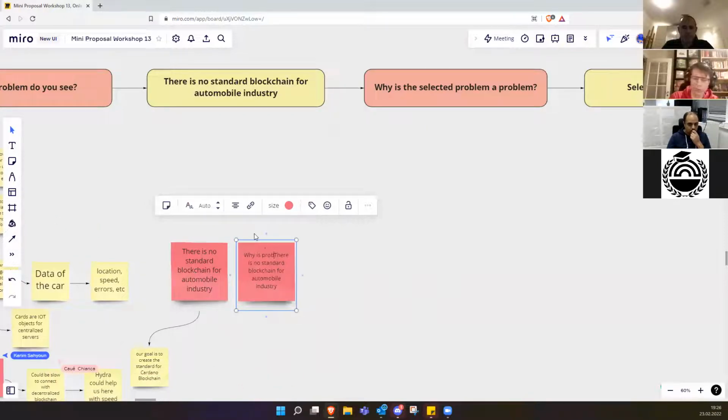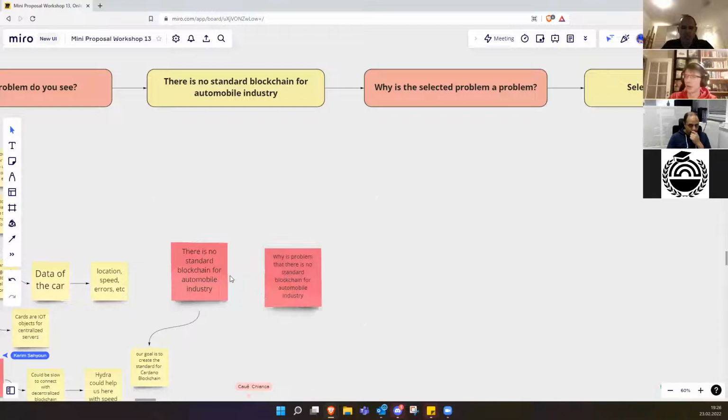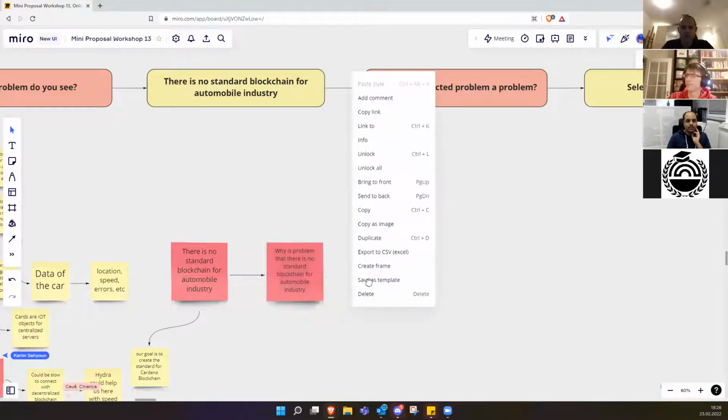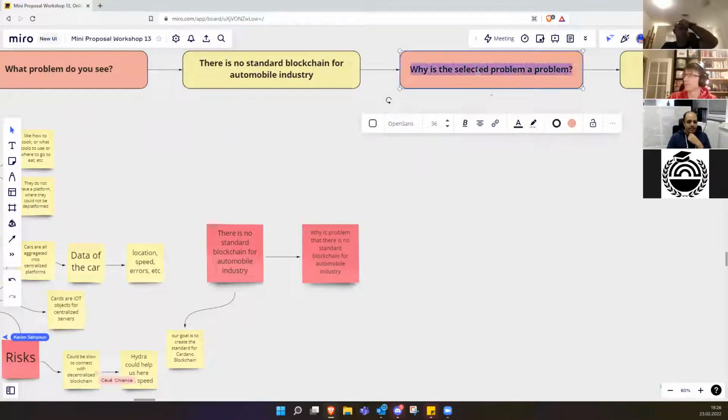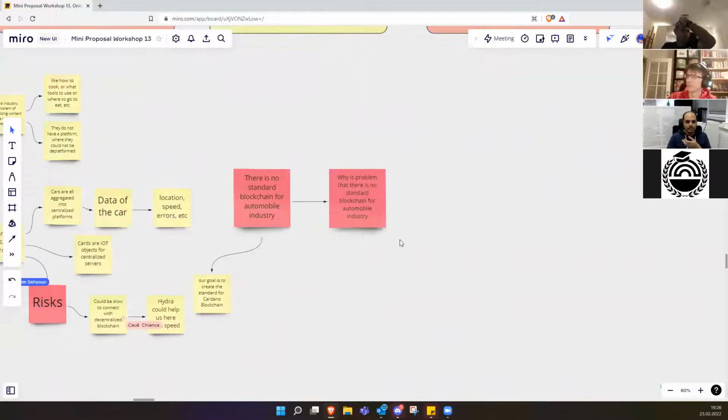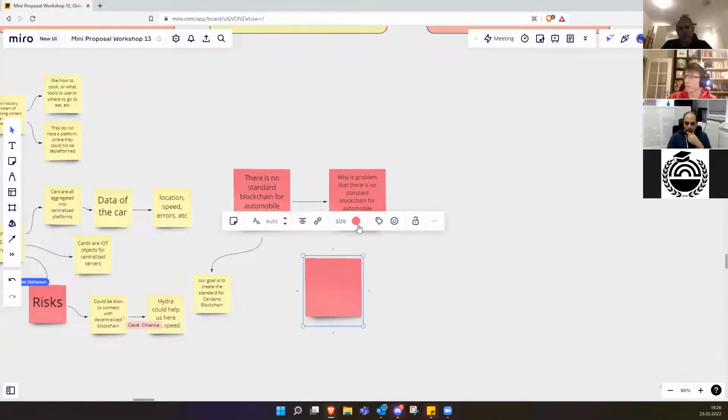Why is it a problem that there is no standard blockchain for the automobile industry? From my point of view, it's because blockchain technology generally is not mature, and there is no trust in this technology as a replacement for the centralized systems.